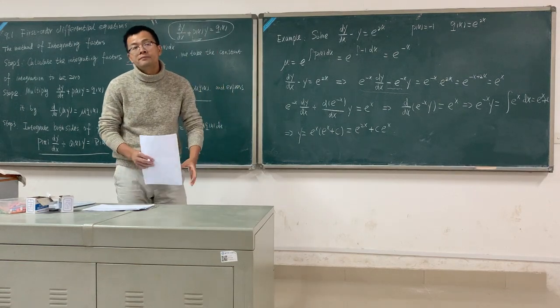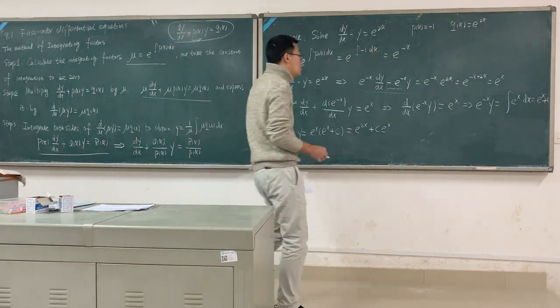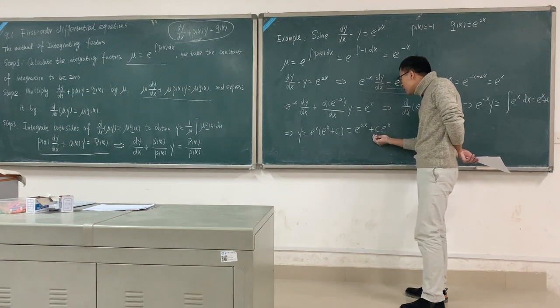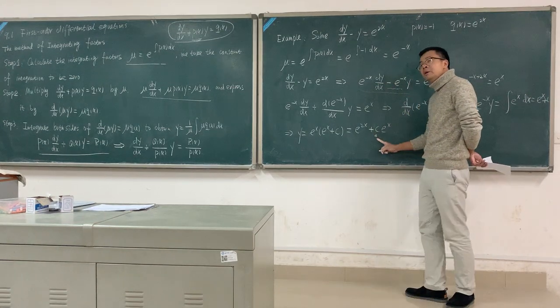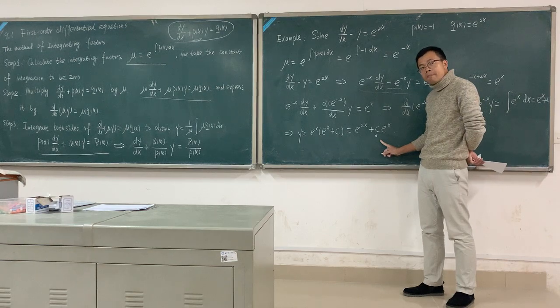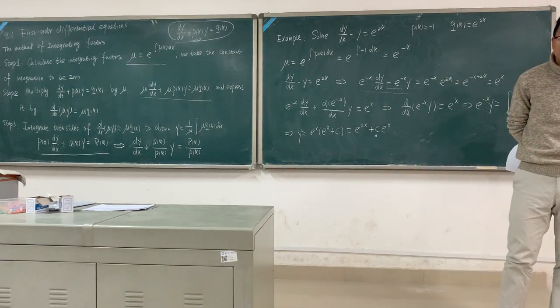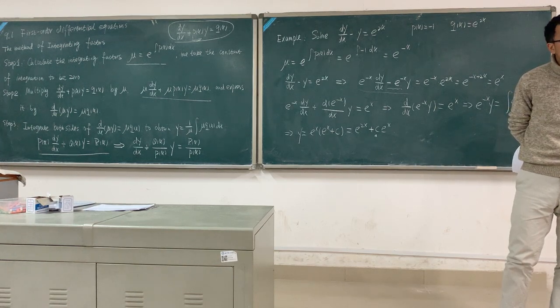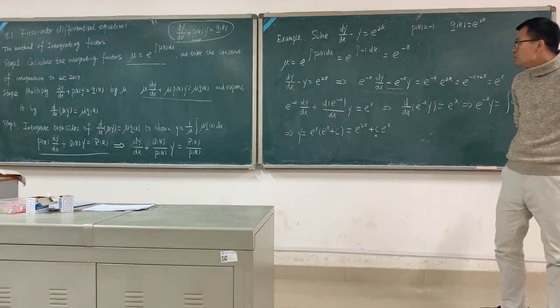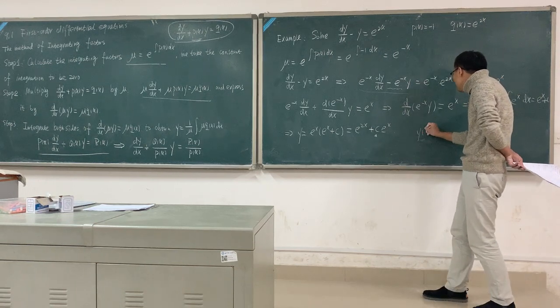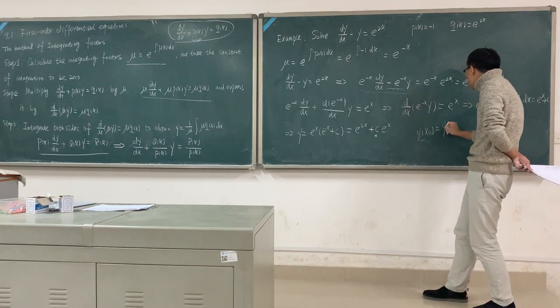Now we can see we have a constant c here. Sometimes we need to determine the constant c, so we should give a condition. The condition is sometimes y(x0) equal to y0.